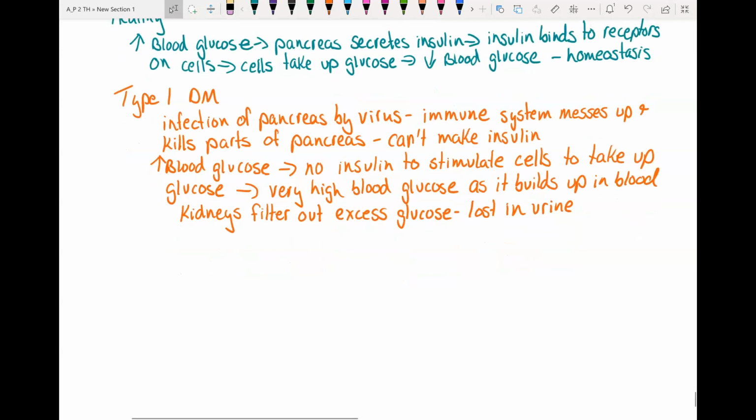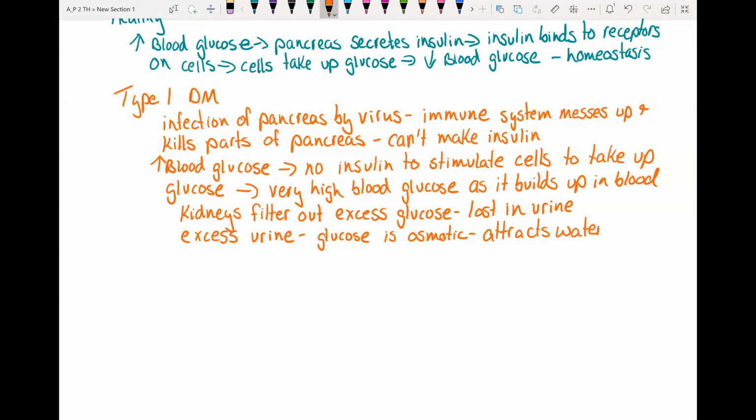Also, because you have that glucose in the urine, you get excess urine, so people with diabetes go to the bathroom a lot. Glucose has osmotic pressure. It attracts water. So all that glucose in the urine attracts more water into the urine.